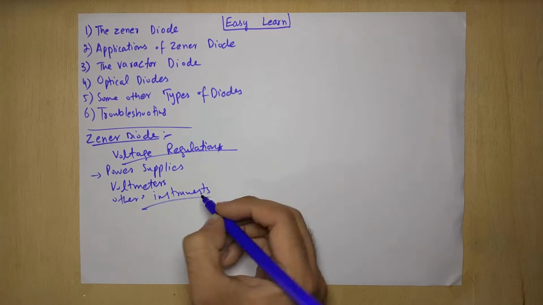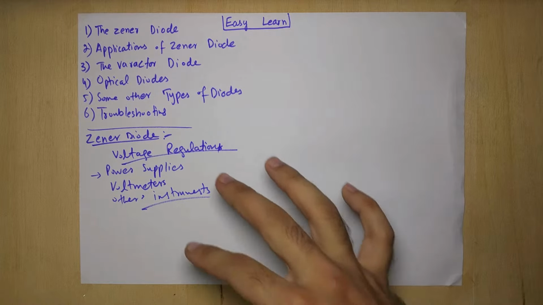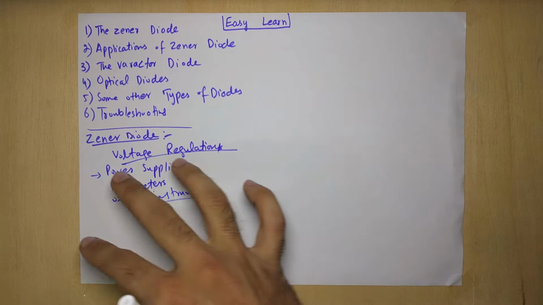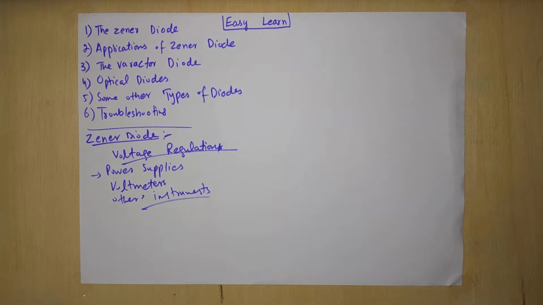It depends upon us where we want voltage regulation in a given range of the current. I will explain it in the upcoming videos, but right now these are some applications of voltage regulation where a Zener diode can be used.